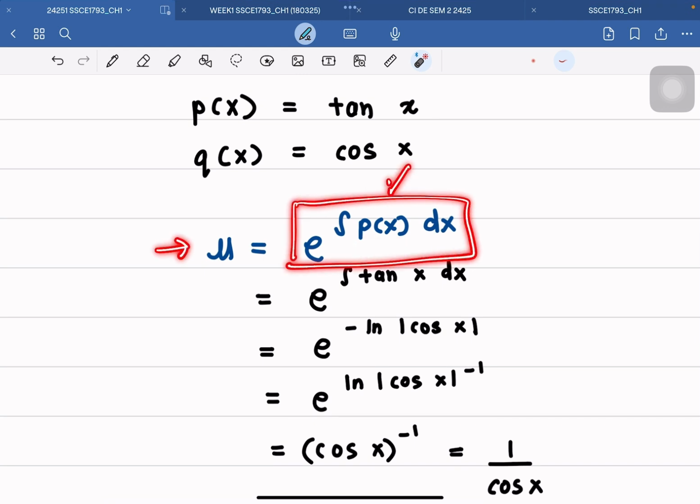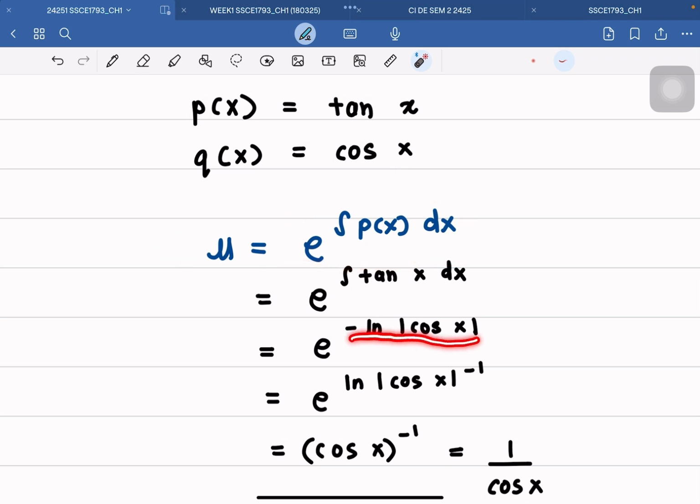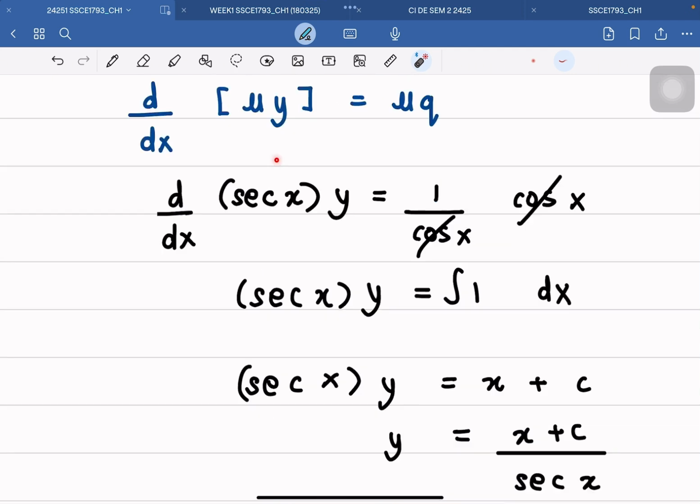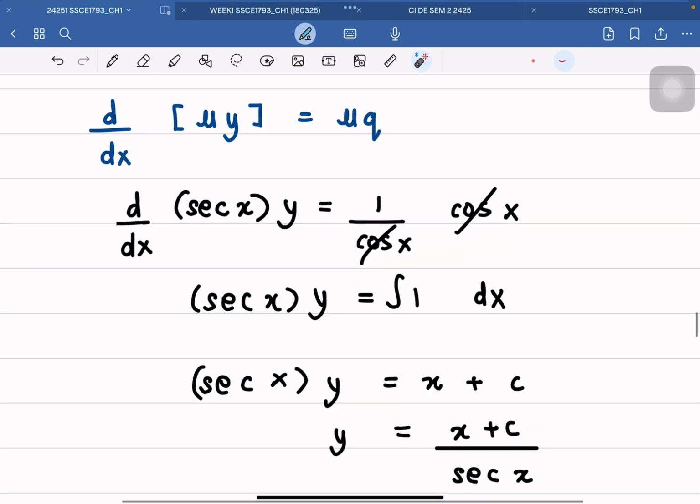You just have to substitute the value of px here, which is integrate tan x equal to negative ln cos x. When you simplify this one, bring the negative to become the power, so cancel the ln, it becomes cos x to the power of negative 1. As in the previous example, we just substitute the values of the integrating factor mu and also the q here.